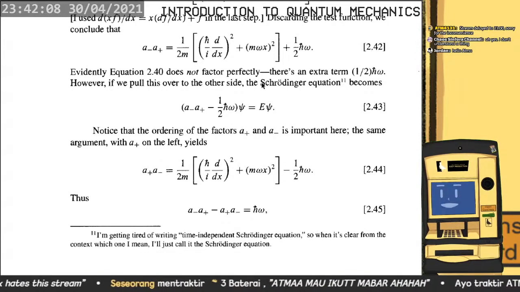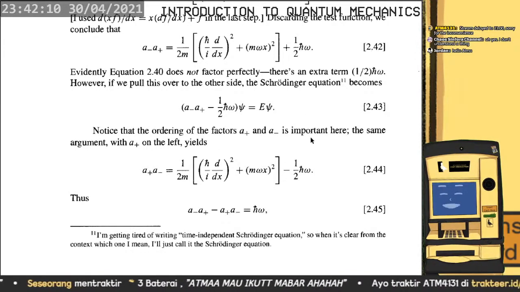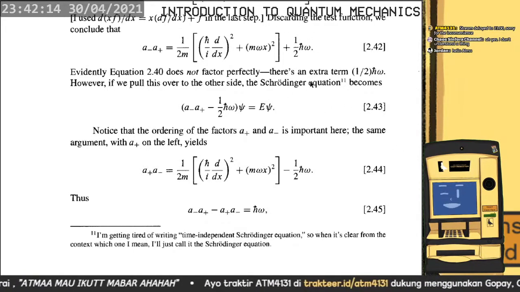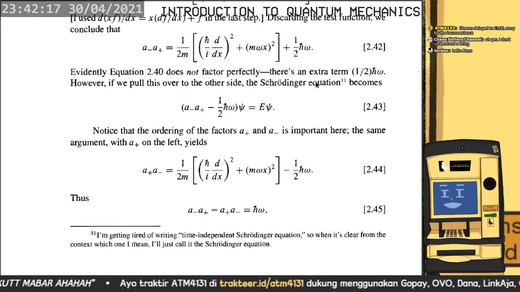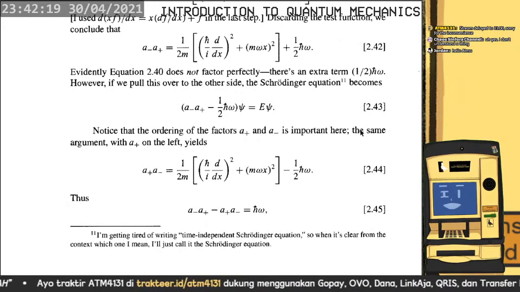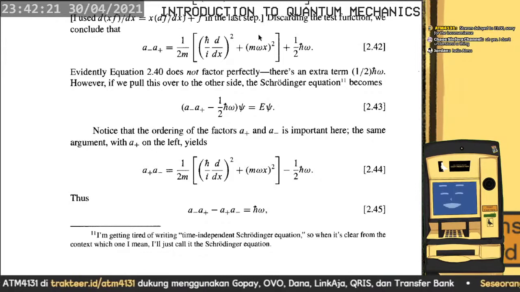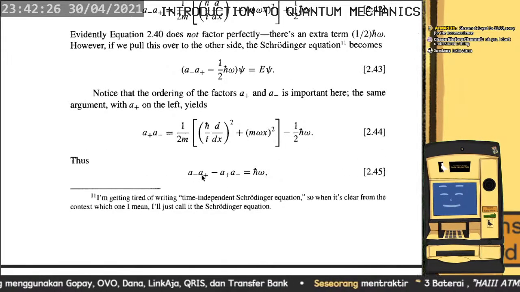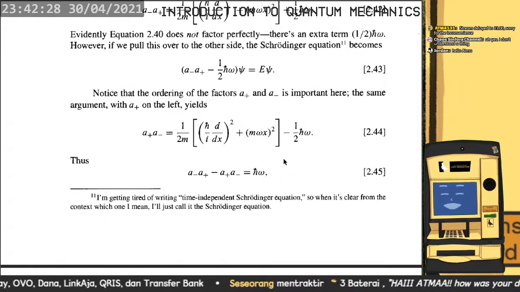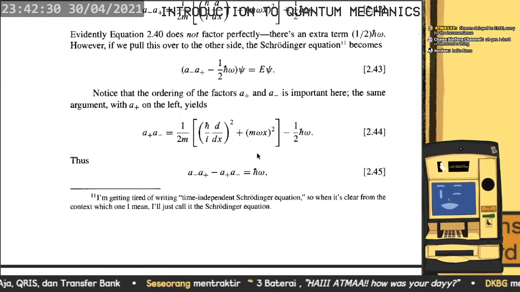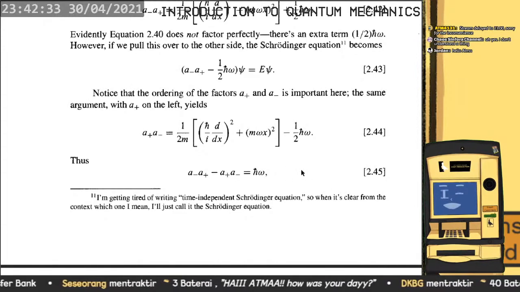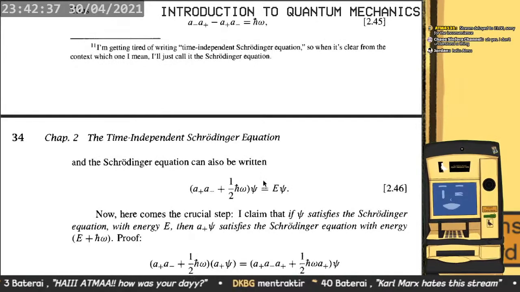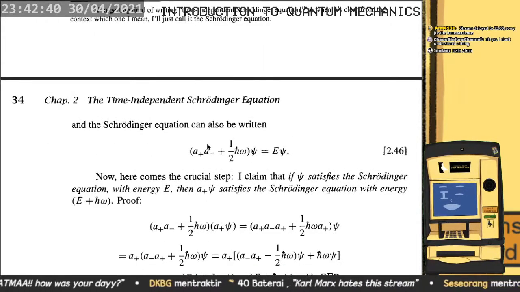Spot the difference: the half, the 1 over 2 ħω. If A minus A plus has plus, A plus A minus has minus. Thus A minus A plus subtract A plus A minus is ħω. And the Schrödinger equation can also be written like this.